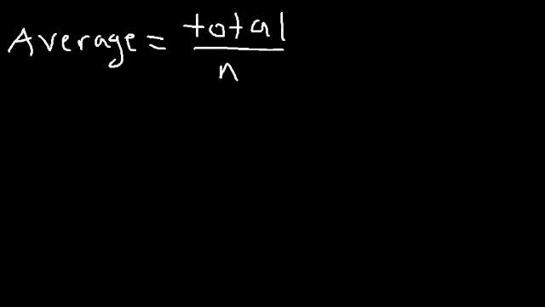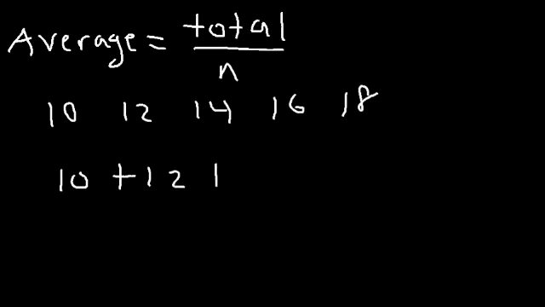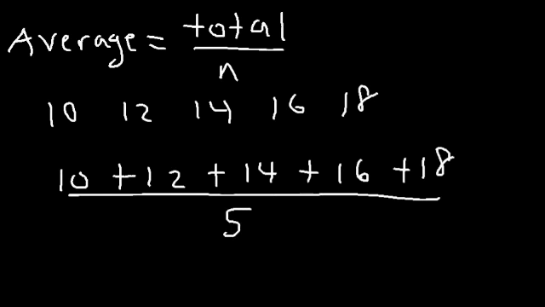The average of a set of numbers is the total value divided by the number of values. So let's say you want to find the average of 10, 12, 14, 16, and 18. You will add these numbers up and then simply divide by 5. Now, sometimes you may need to know what the total value is.